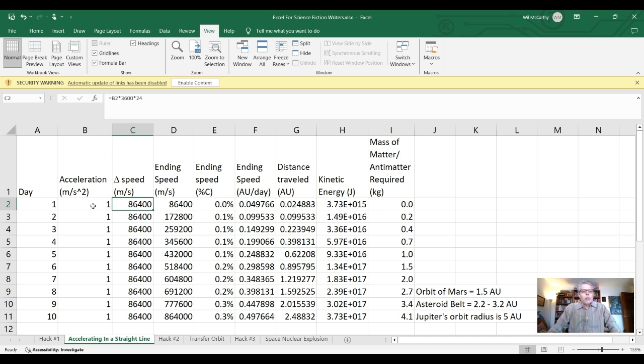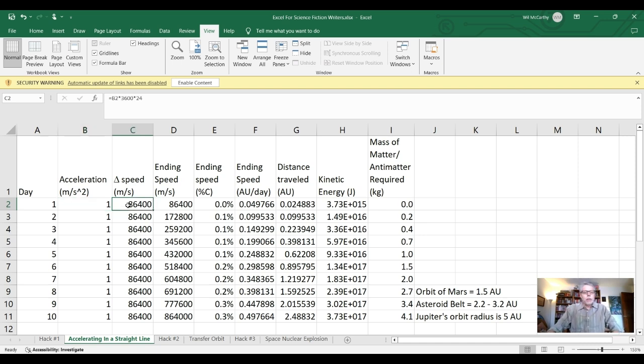So we just take our acceleration times 3,600 times 24, and that gives us our change in speed, which is 86,400 meters per second, or 86.4 kilometers per second. And that's pretty fast. That's faster than a comet travels.